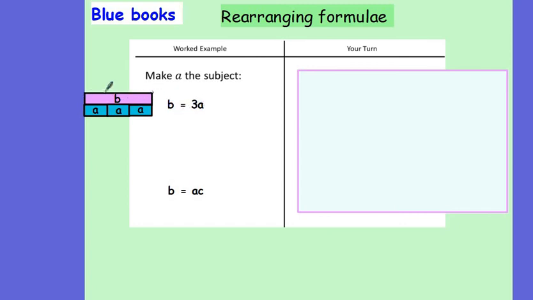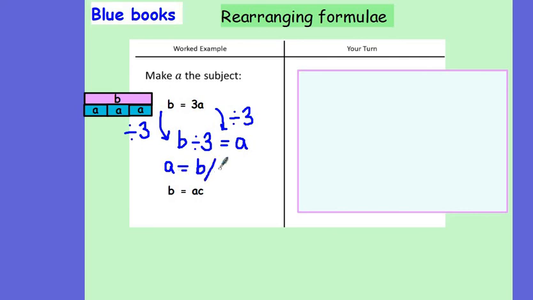So as a bar, my B is equal to A plus A plus A, or 3 lots of A. If I divide both sides of my equation by 3, I get B divided by 3 equals A, as 3A divided by 3 just gives me A. So I know I can write that as a fraction. A is equal to B divided by 3.